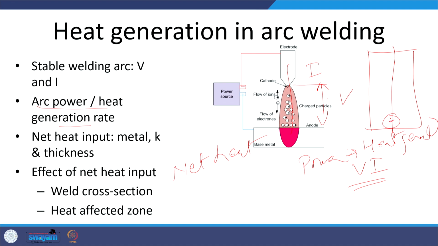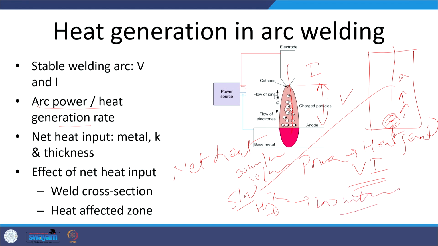Once the arc is stable, heat will be generated and melting will start, then the arc will be moved at a certain speed. This speed can be very low or very high. Low speed means say 30 mm per minute, 50 per minute, or it can be 200 per minute for high speed, okay.